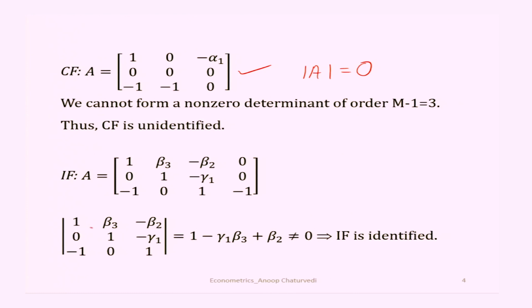Now, suppose you consider this determinant, which is formed by a submatrix of order 3 by 3 of A. Now, the determinant value of this matrix is 1 plus gamma 1 beta 3 minus beta 2, which is not equal to 0. So, the income function is identified.